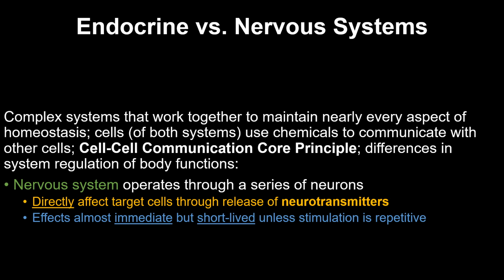As we talked about for the nervous system, this operates directly through a series of neurons, directly affecting their target cells via release of neurotransmitters. The effects of the nervous system are almost immediate, but they're relatively short-lasting unless the stimulation is repetitive.